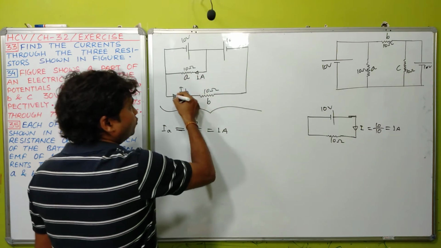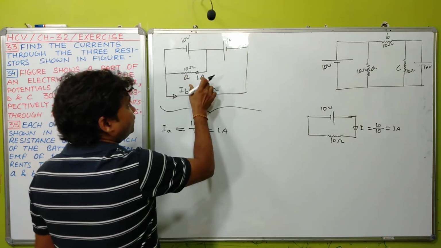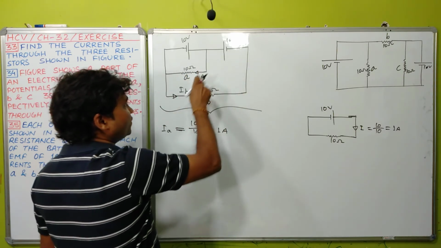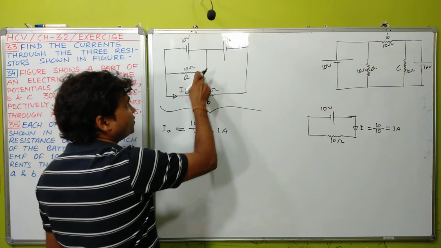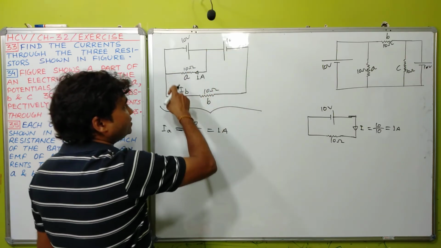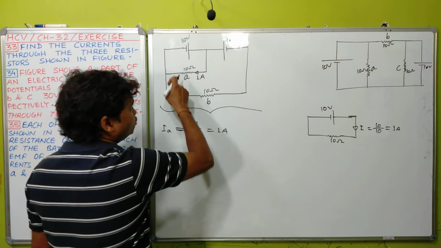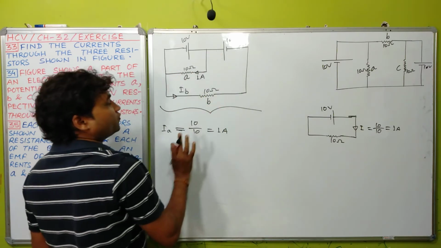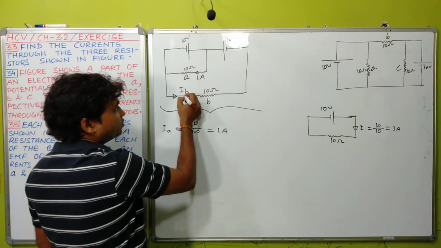Okay, now for finding the value of current IB, you can see here in this loop we have all known values, only unknown value is IB. So if we apply KVL, Kirchhoff's voltage law, in this loop, then from there we can easily find out the value of IB.